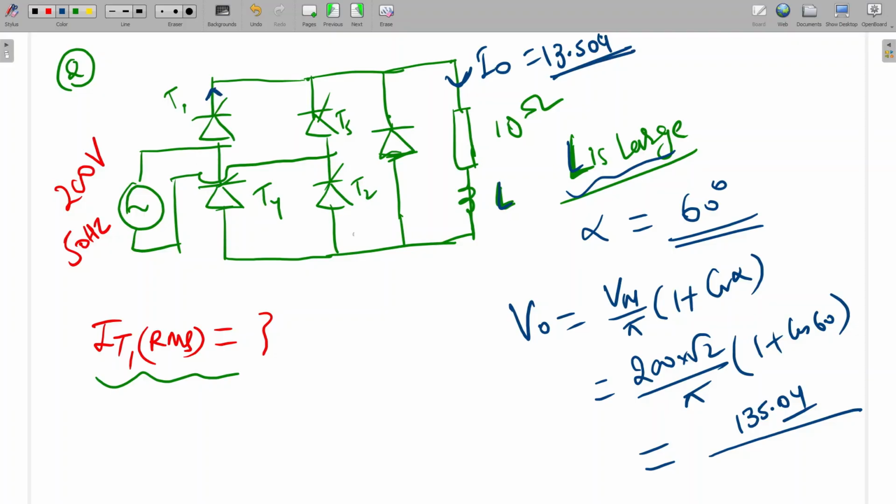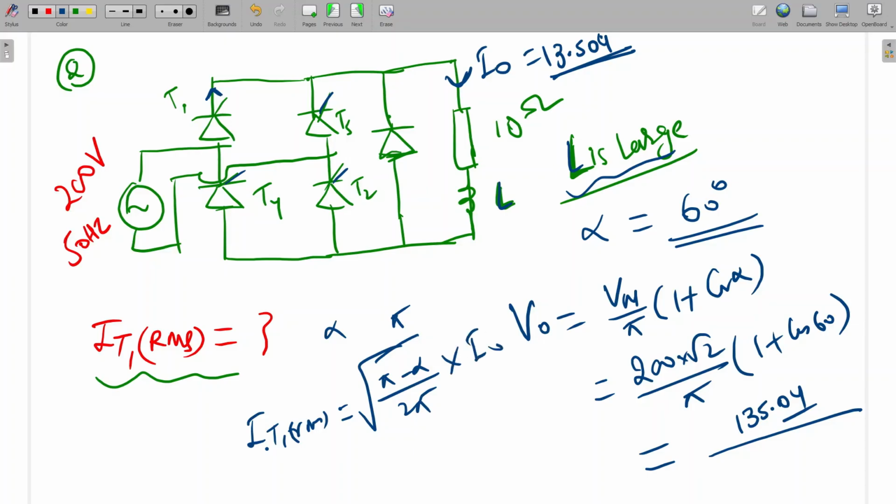So we have to calculate IT1 RMS. T1 will conduct from alpha to pi. So IT1 RMS will be the square root of pi minus alpha by 2 pi into I naught. So this will be pi minus pi by 3 divided by 2 pi into I naught.